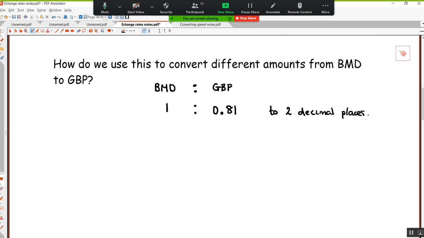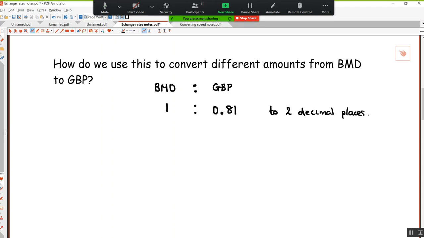Yeah, that's it. Because when we have money, how many decimal places do we normally work to? 2. So I'm going to round my number to start with. Do you all recognise that as a ratio that we've been working on? This is my unit ratio because I've got my 1 Bermudian dollar.